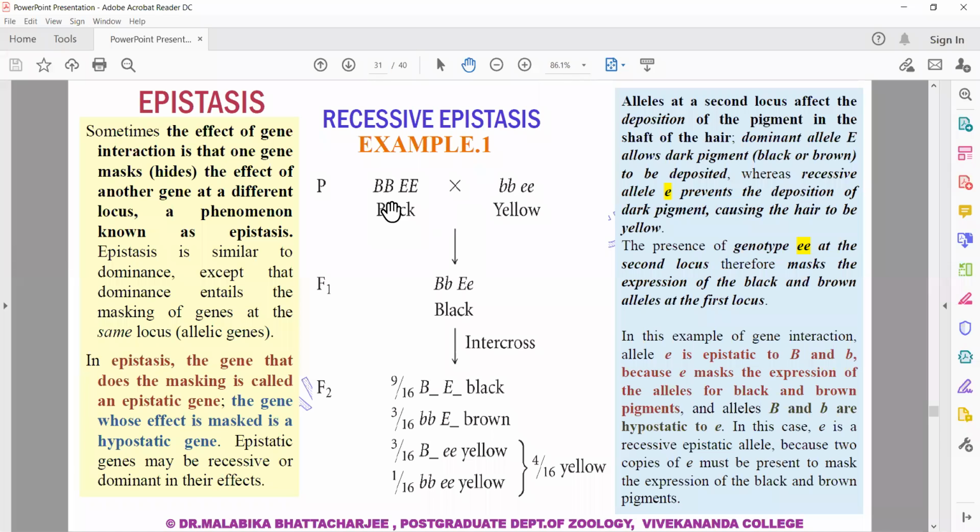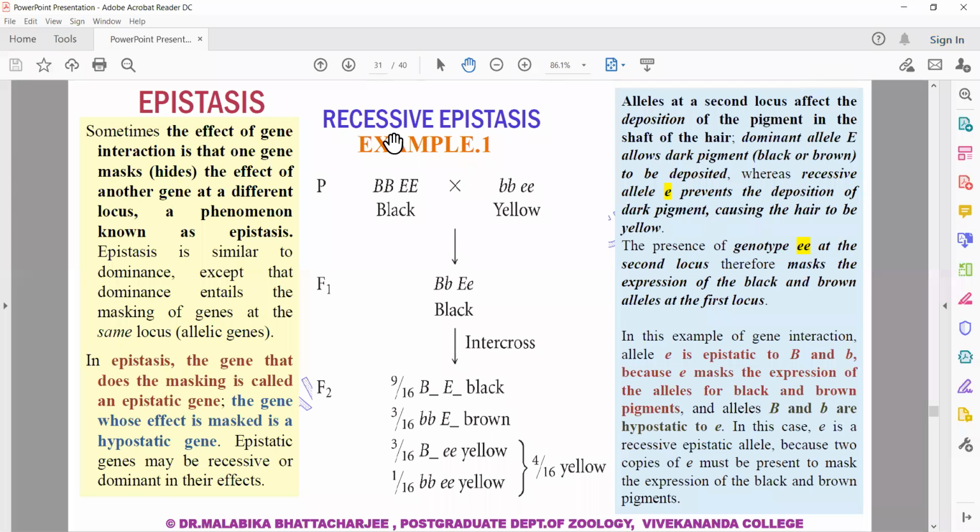So these genes are being masked and this is masking. So this is the epistatic gene, and this gene can only mask the effect of the other allelic phenotypes in its recessive condition only, hence recessive epistasis.